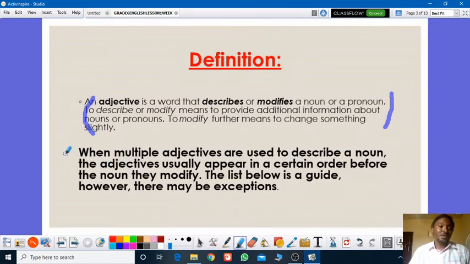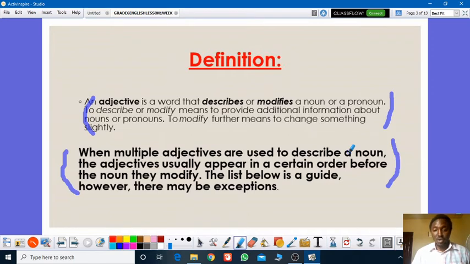Now this is the definition for today, because we are learning about the order of adjectives. When multiple adjectives are used to describe a noun, the adjectives usually appear in a certain order before the noun they modify. The list below is a guide. However, there may be exceptions.